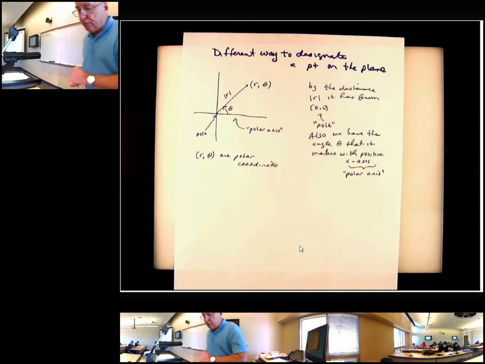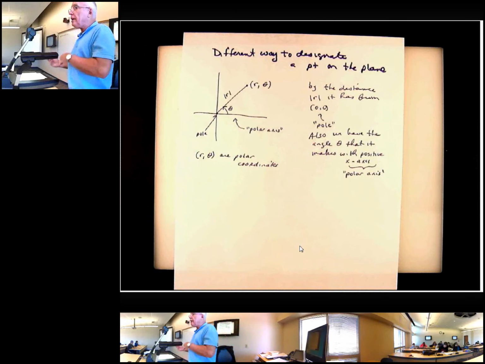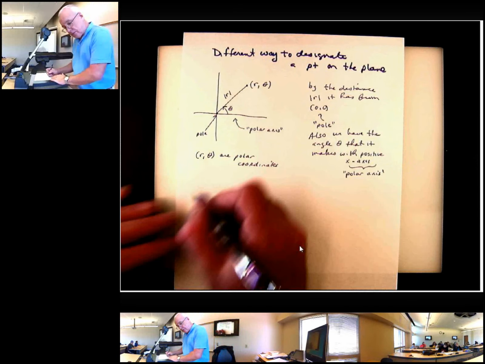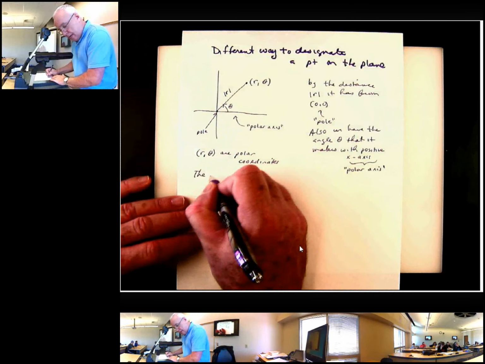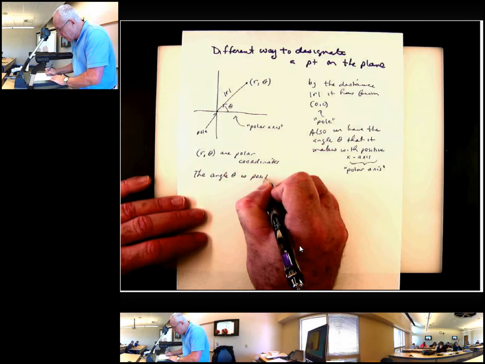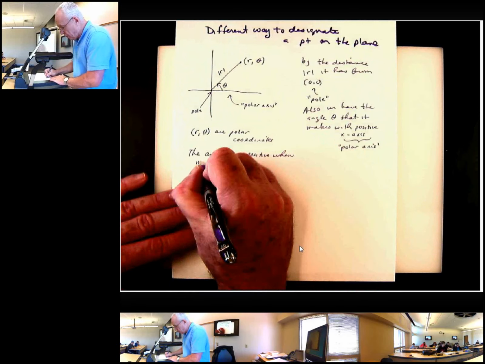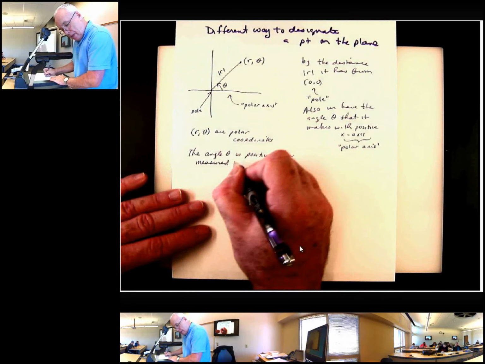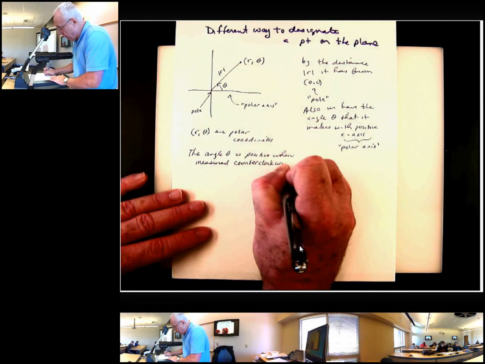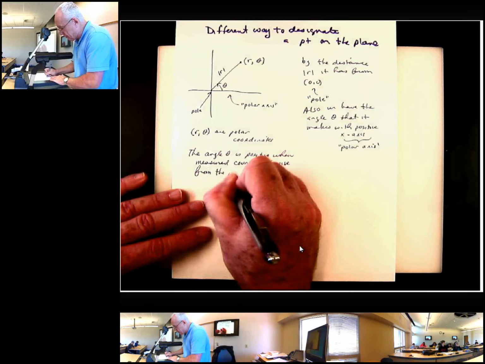Let's first remember that if theta is positive, then the angle is measured counterclockwise from the polar axis. So the angle theta is positive when it's measured counterclockwise from the polar axis, or the positive x-axis.